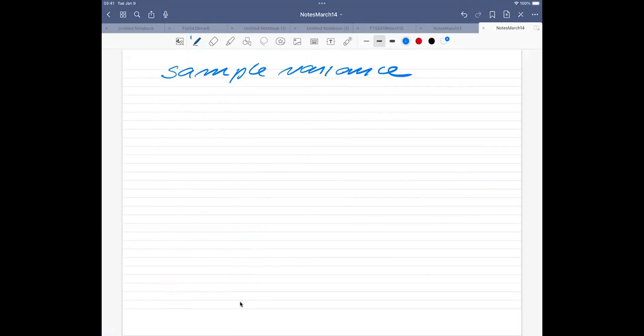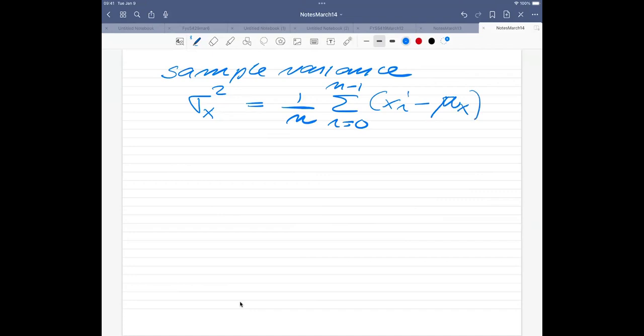Okay, so the quantity which we will end up evaluating is the sample variance. And I'm going to simply label that one with a sigma squared, and I'm going to put an X because now I'm looking at the variable X. In our case, X is the energy. And this is now going to be given by 1 over n again, and then we sum over all the events which we have up to n minus 1, and then I have my X of I minus my mean value, mu of X, squared. So this is my sample mean.